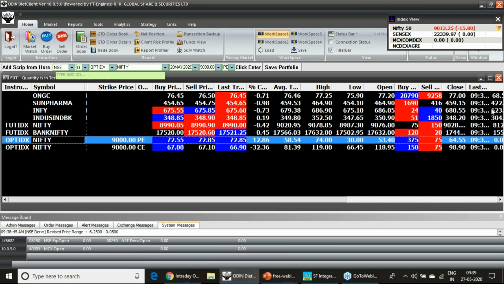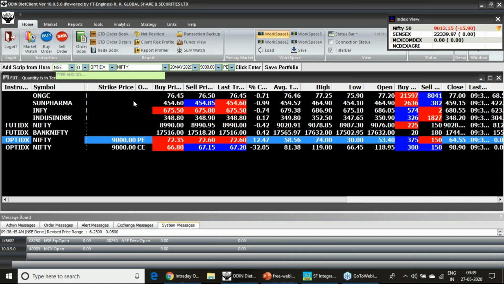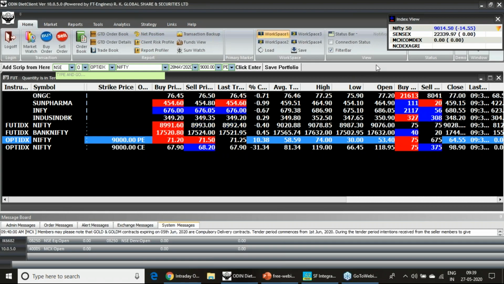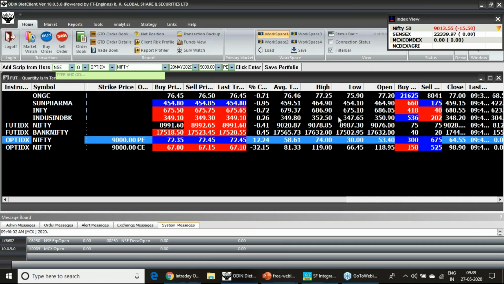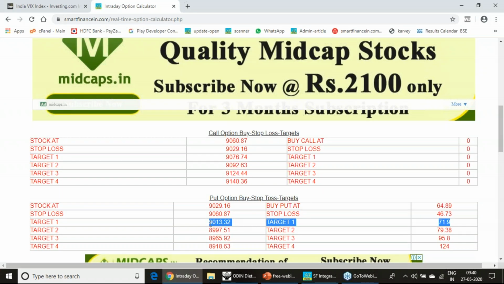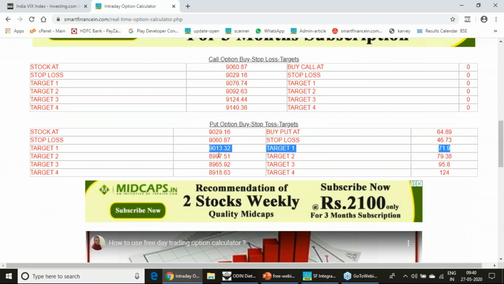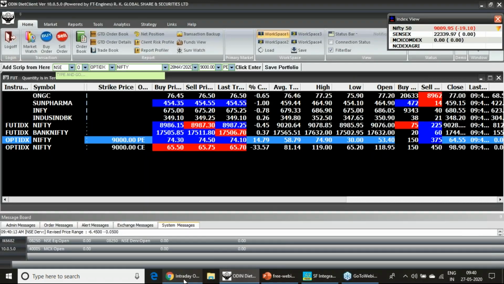You have seen, just to test how far this particular calculation you did is correct. At the 9013 level, 72 rupees. This is the calculation the calculator has given you. Again I will tell you, we have taken the spot level. So the spot level result we got.